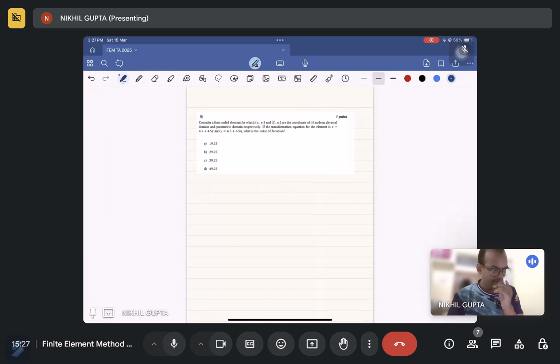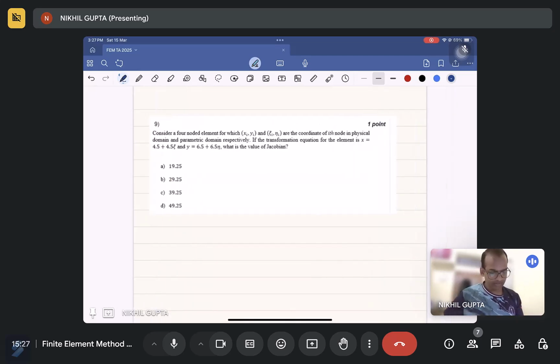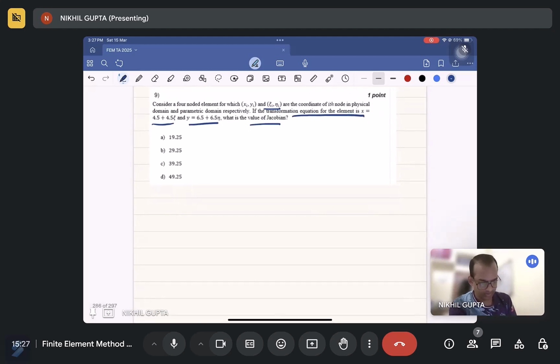Now question number 9. It says, consider a four noded element for which x and y are the coordinates, and xi and eta the natural coordinates. The transformation equation is given, x is this, y is this, and you have to find the Jacobian.